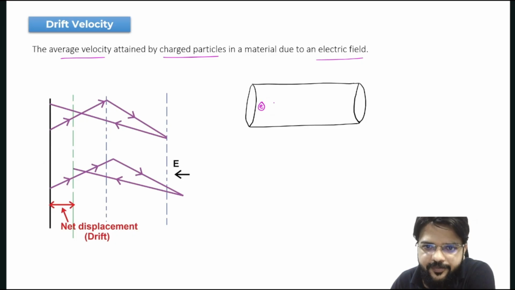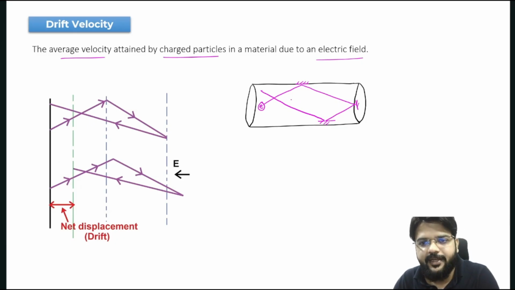So this is a free electron, moving from here to here. Let's suppose a proton is present here, so a collision happens between the proton and the electron. Now it is moving here, and again a collision happens. Now it goes like this, and here a collision happens, then it goes here.